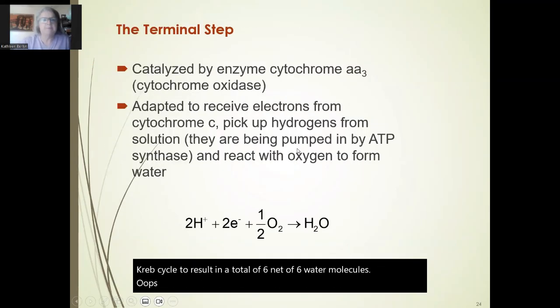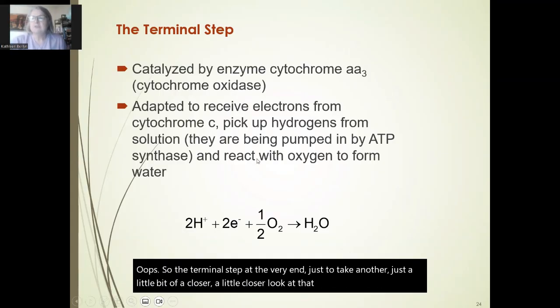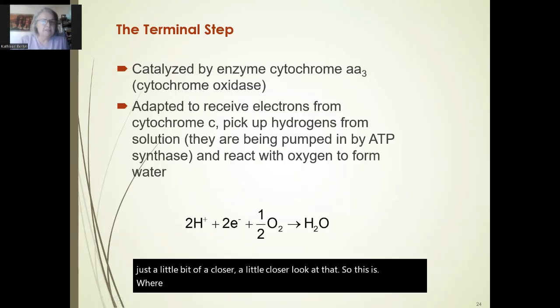Oops, skip a step. So the terminal step at the very end, just to take a little closer look at that. This is catalyzed by the enzyme cytochrome AA3 or cytochrome oxidase.